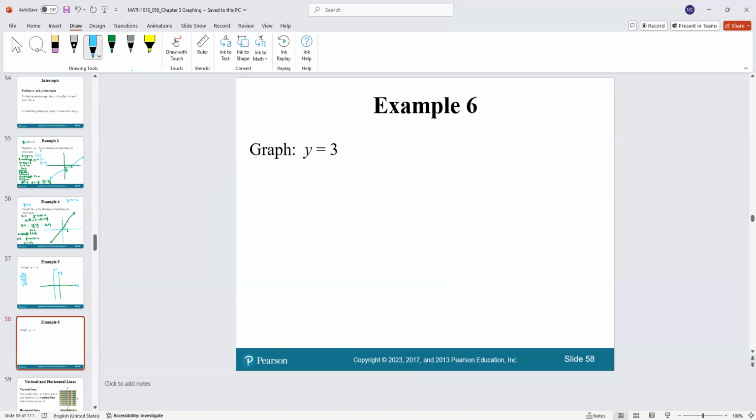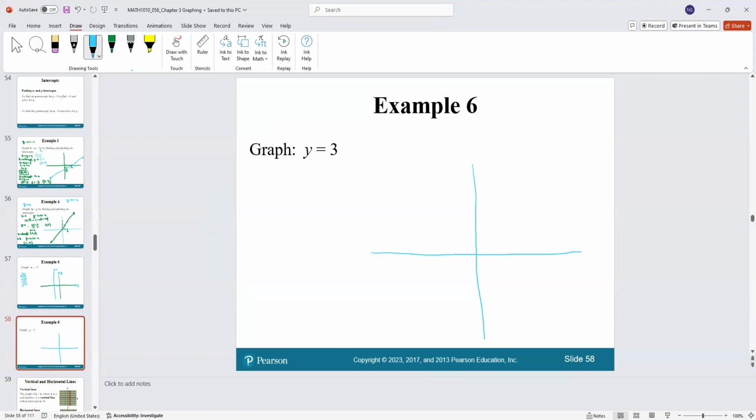Now, the same if they ask you to graph something different. Let's say, for example, they ask you to graph y equal 3.